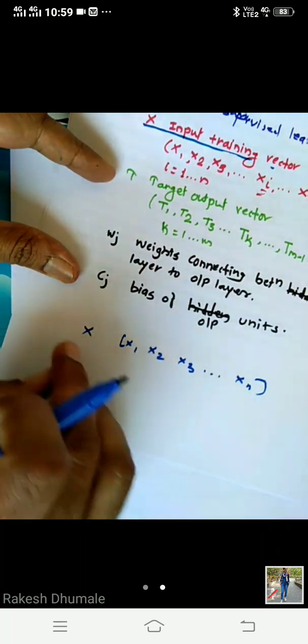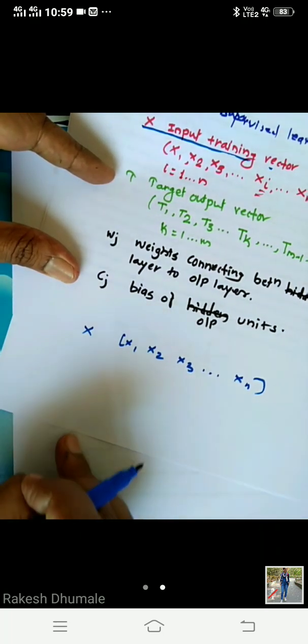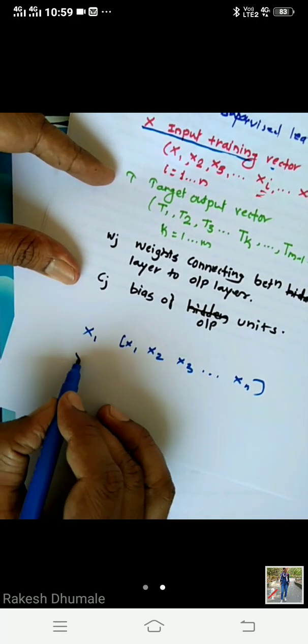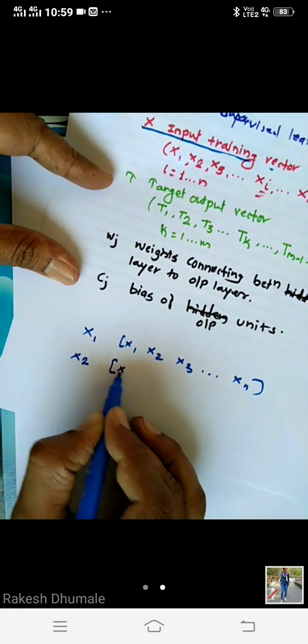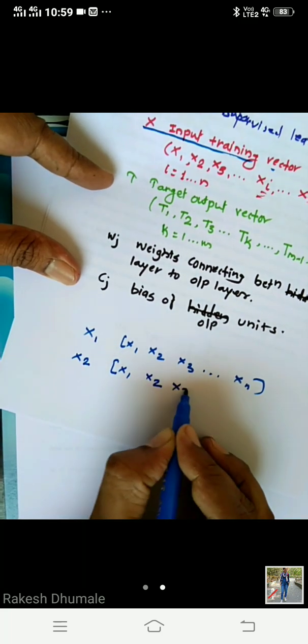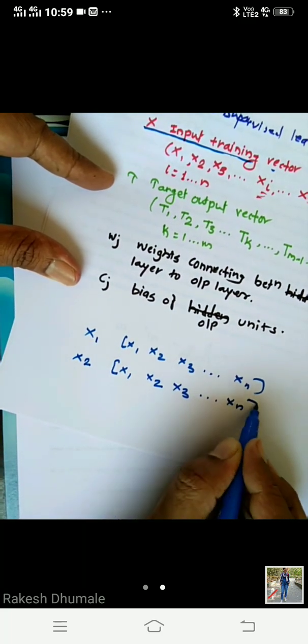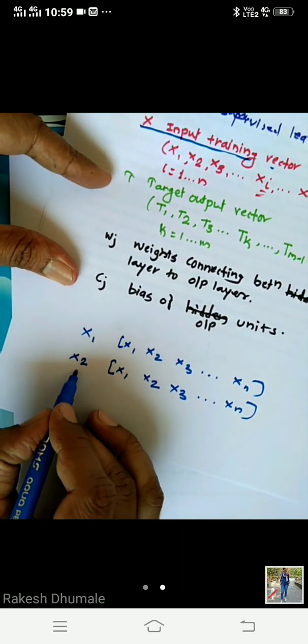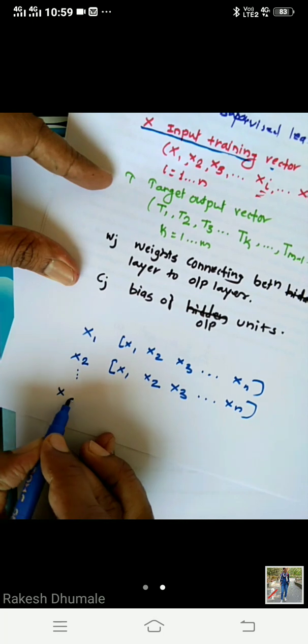Correct? So this is the element of the first vector, so there are n number of elements. Let us consider this is the first one. Then again x1, x2, x3 and xn. Correct? So these are the elements of the second vector. Here let us consider there are a total of s vectors.